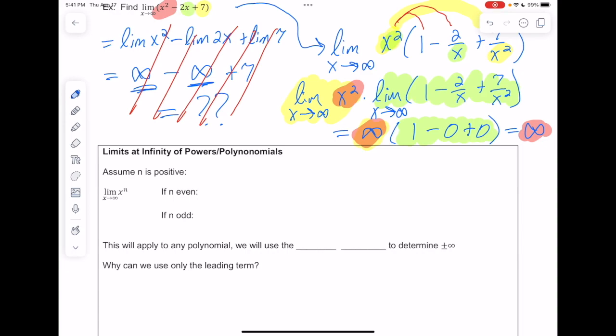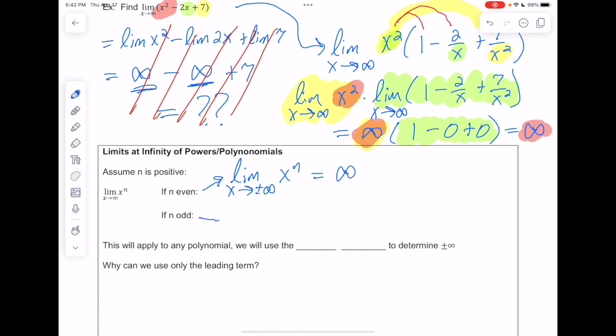If n is an even number, so if you're going to have an even exponent, and you look at the limit as x goes to either plus or minus infinity of x to a power, you always end up with an answer of infinity. But if it's odd, it's different depending on whether you're going to negative or positive infinity, because for those odd powers, the right side goes up, the left side goes down.